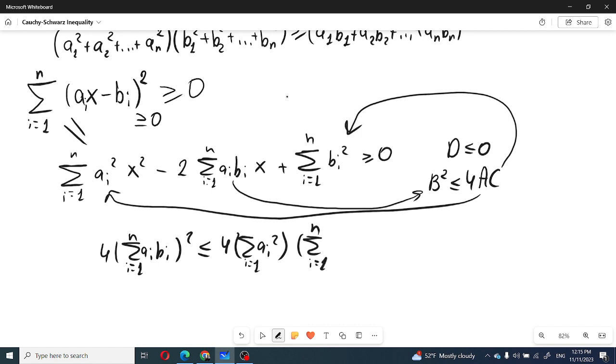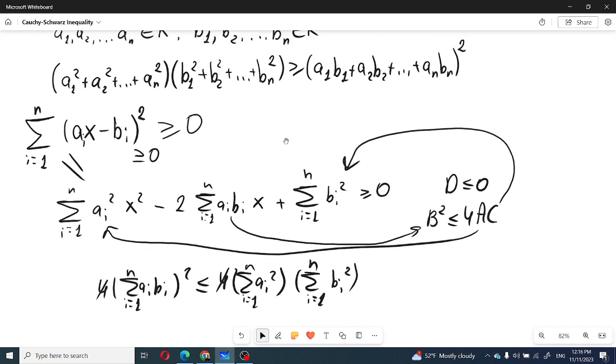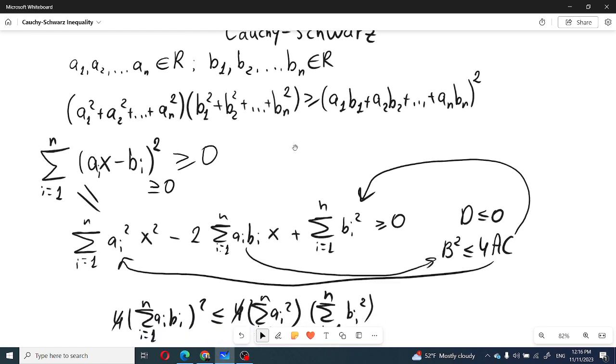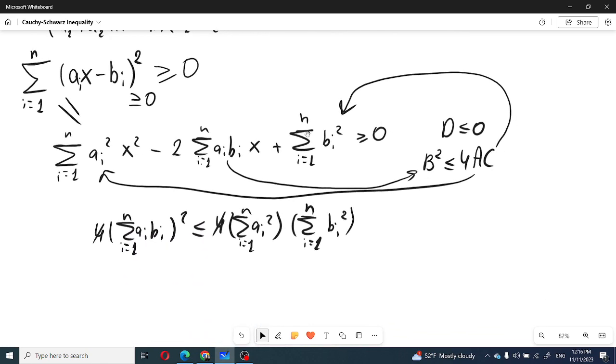And now if we cancel out the 4s, we will get the inequality we wanted to prove. So we have proved the Cauchy-Schwarz inequality. So this was all we wanted to prove.